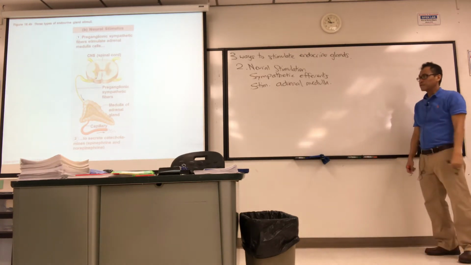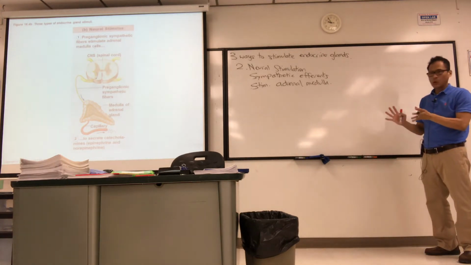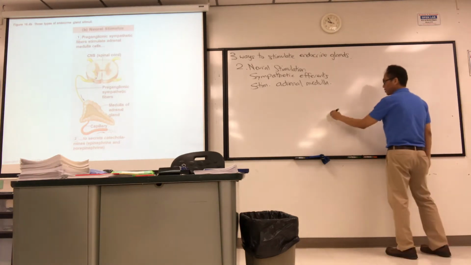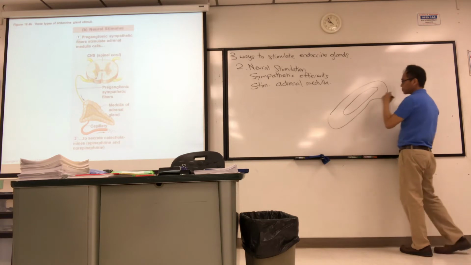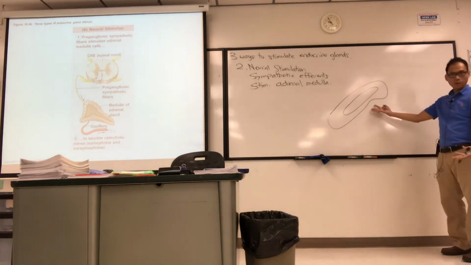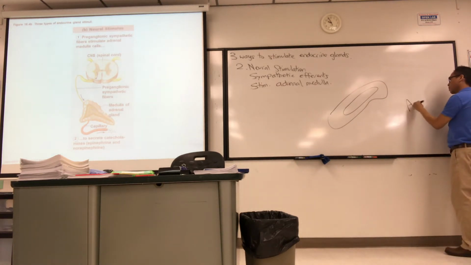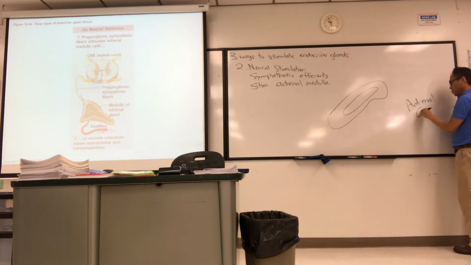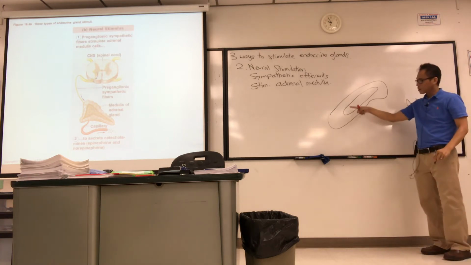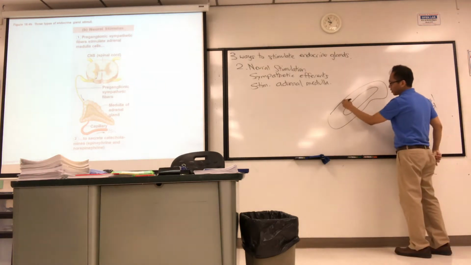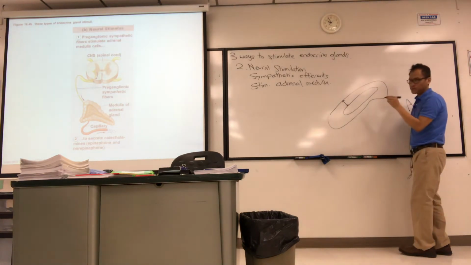I'll give a more extensive talk about the adrenal gland later, but just to give you a preview. The adrenal gland, this whole thing, is compartmentalized. It's basically your stress response organ, but the outer part, from here to here, all the way around, that's the cortex.